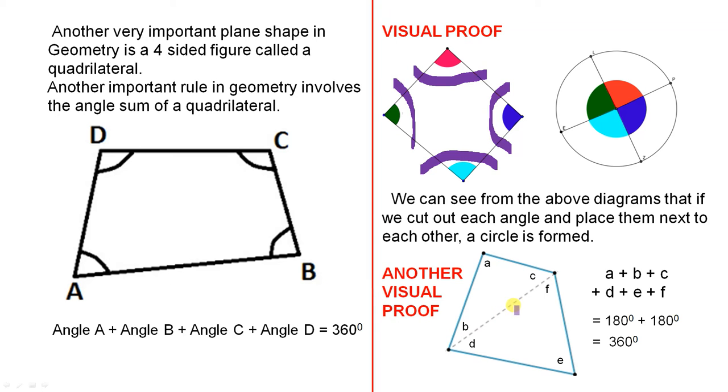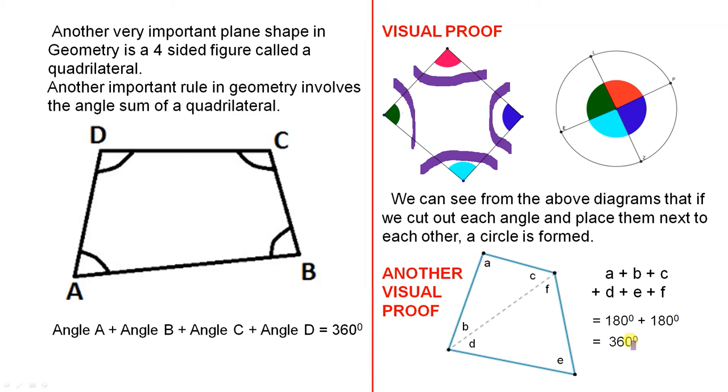When you have a quadrilateral, put a little dotted line through here, make it a diagonal, and divide the quadrilateral into two triangles. On this side we have a triangle where the angles are A, B, C, and here we have a triangle where the angles are D, E, F. We know that A plus B plus C is 180, and D plus E plus F is 180.